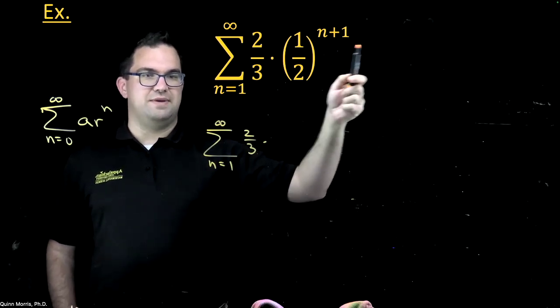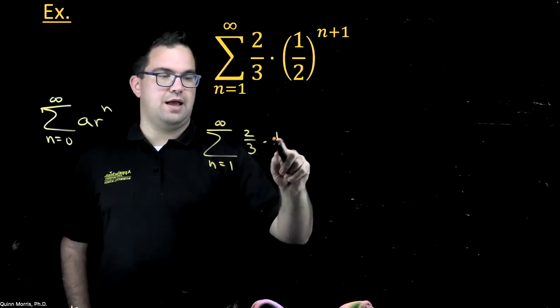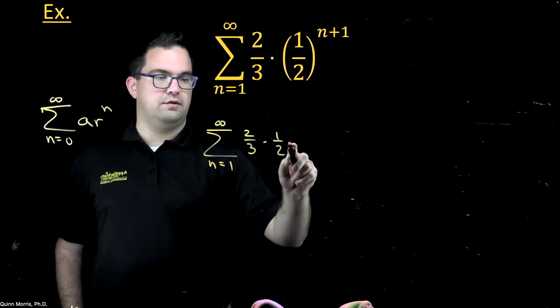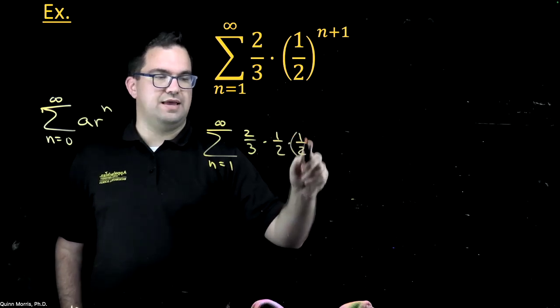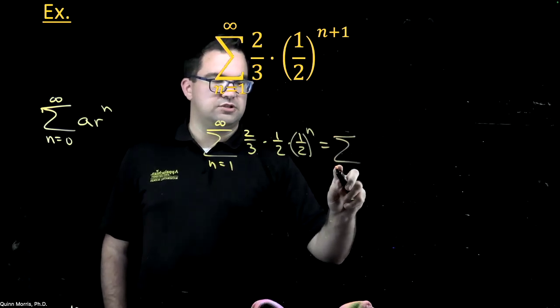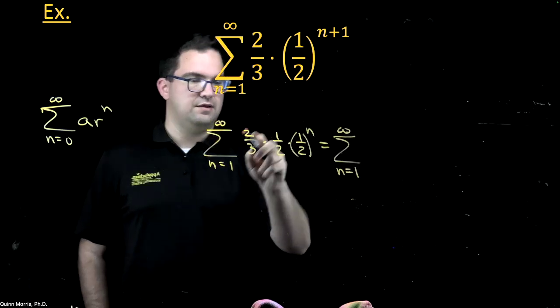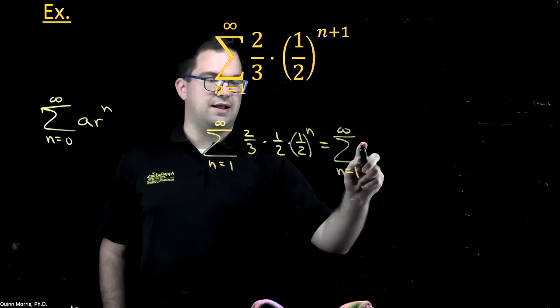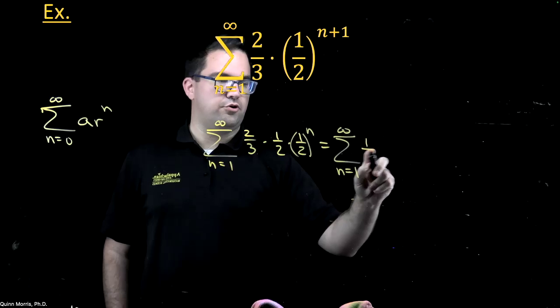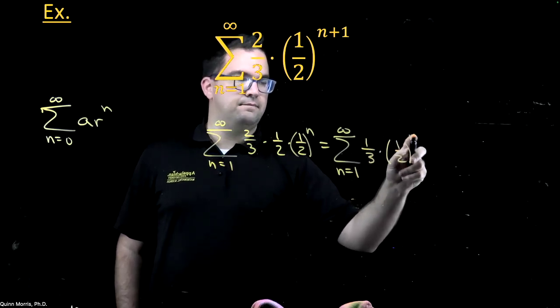I really want that to just be n. So I can write 1/2 to the n plus 1 as 1/2 to the 1 times 1/2 to the n. And so this is the sum n equals 1 to infinity. If I multiply these together, I get 2/6, or 1/3, times 1/2 to the n.